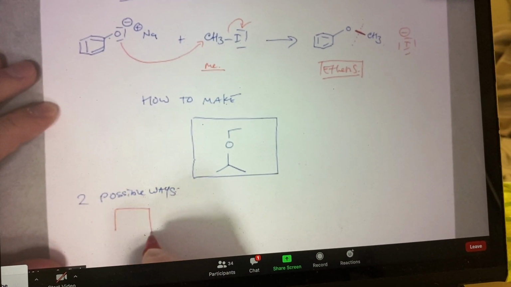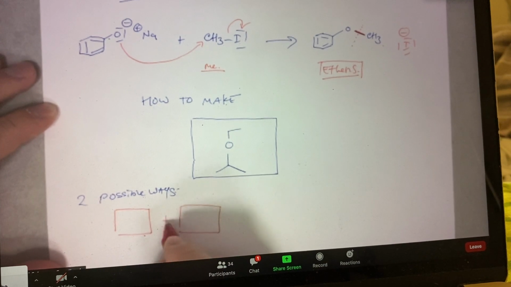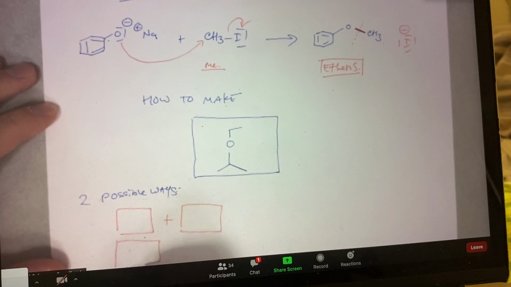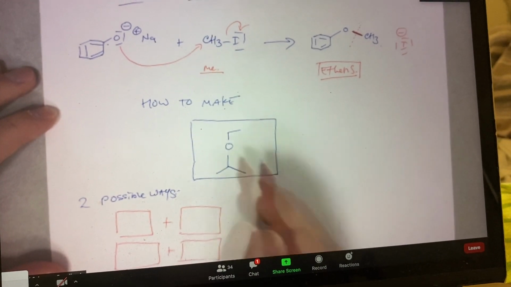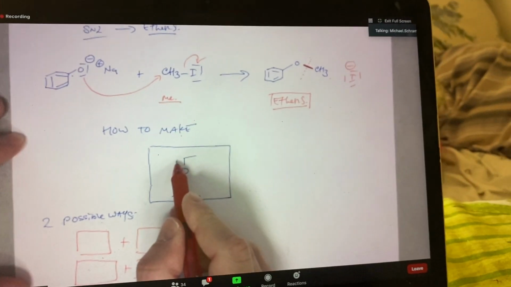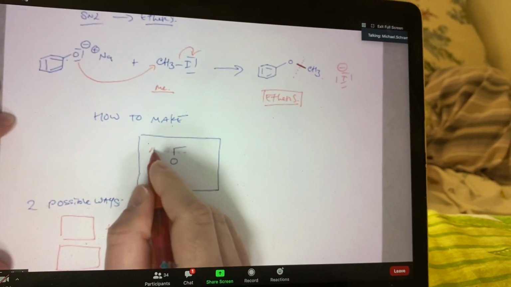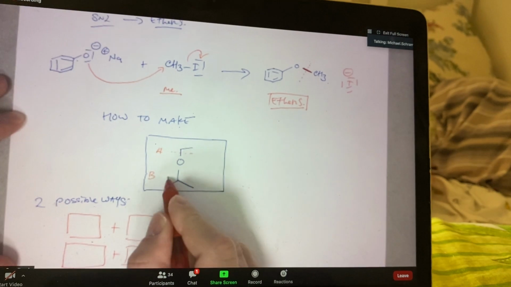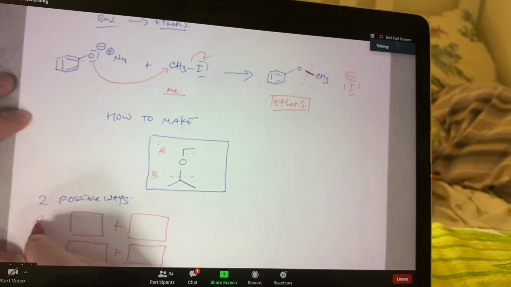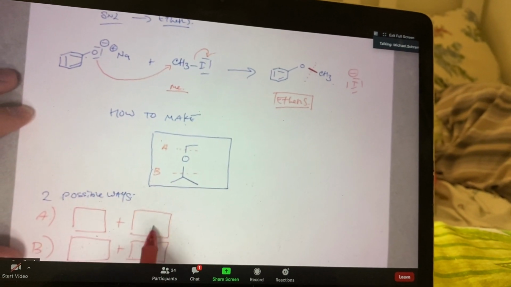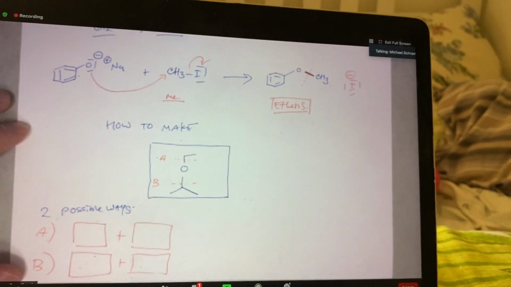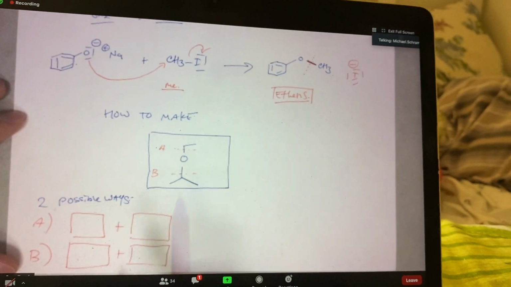So I want you to draw on some stuff here plus here, and there's two different possibilities for this, depending on which of the two bonds you break again. So either pick this bond here, let's call it A, or pick B, that one here, and fill in what specific best reagents you would want to use to make this particular molecule.